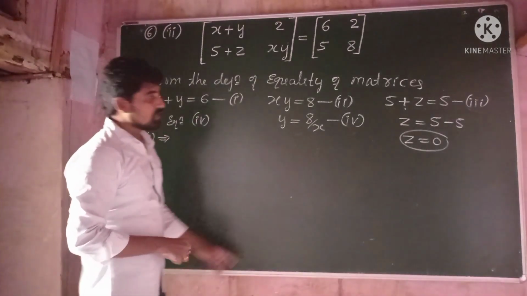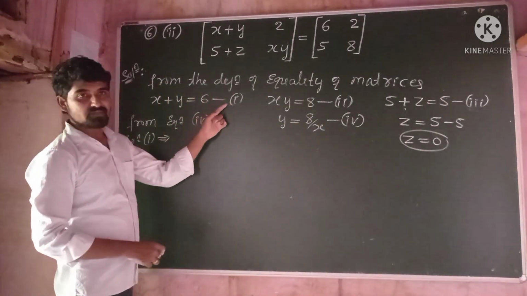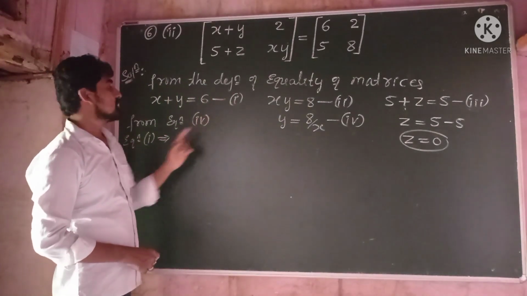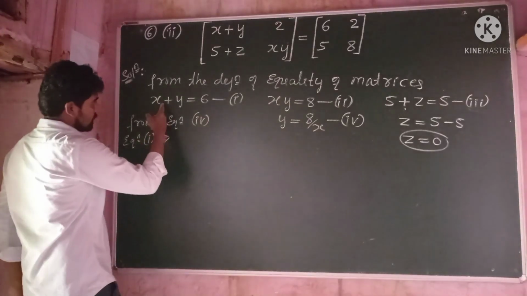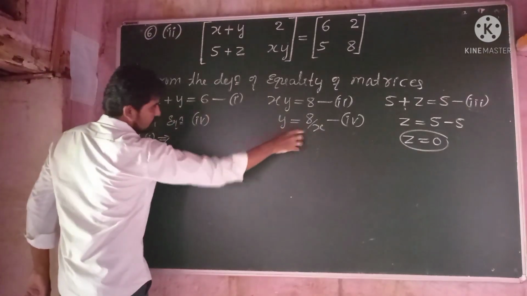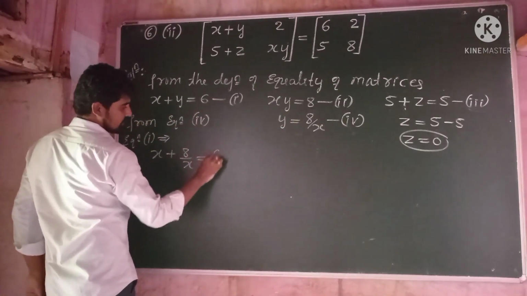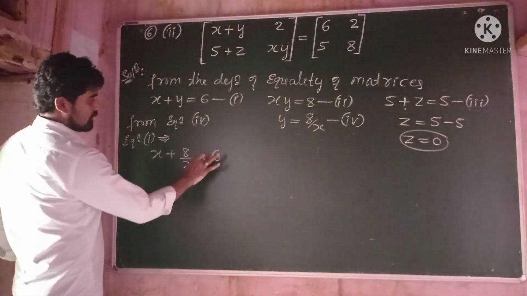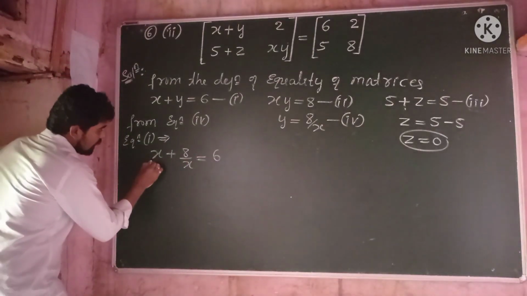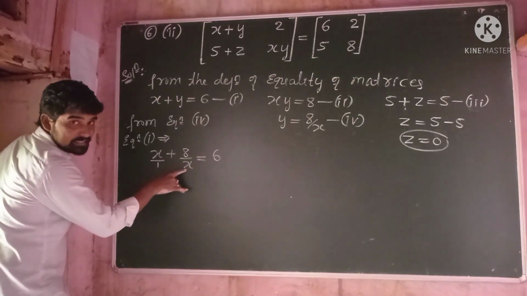What I am doing here is substituting the value of y in place of y in equation number 1. So equation 1 implies x plus the value of y, 8 by x, is equal to 6. Now, here LCM of 1 and x is x.